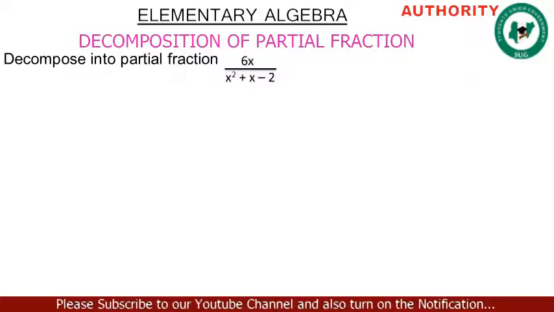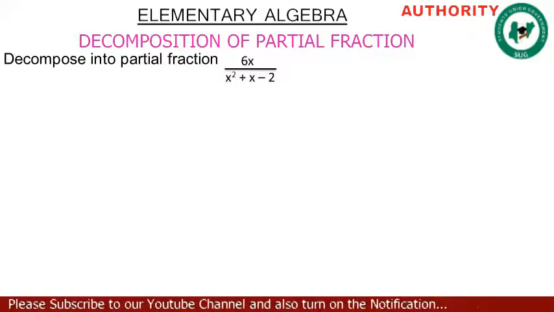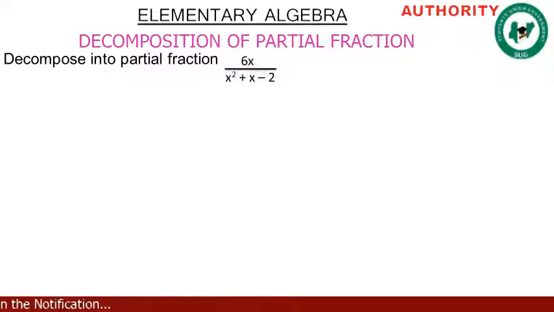We have this question that looks like this. Decompose into partial fraction 6x all over x squared plus x minus 2. Now let's go. I want us to factorize this denominator. When you factorize the denominator, we're going to have (x plus 2)(x minus 1).